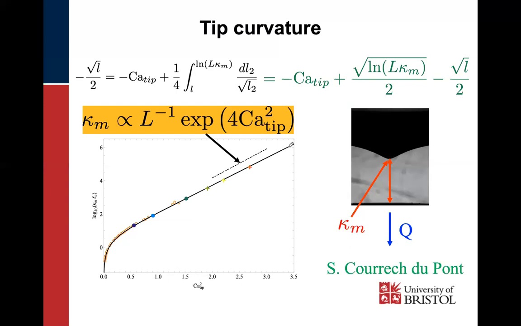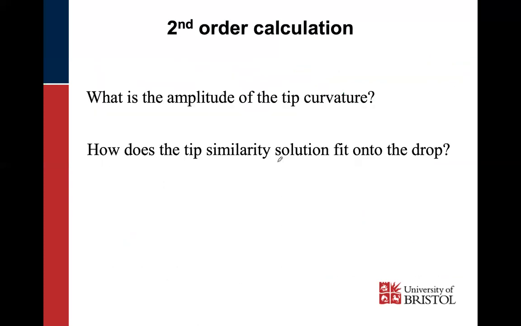So this is what I want to investigate further. And for this reason, I'm going to pursue the calculation I've just done to the next order, which you need to answer these questions. So the second order calculation, I'm doing it because I want to know what's the amplitude in front of the tip curvature.